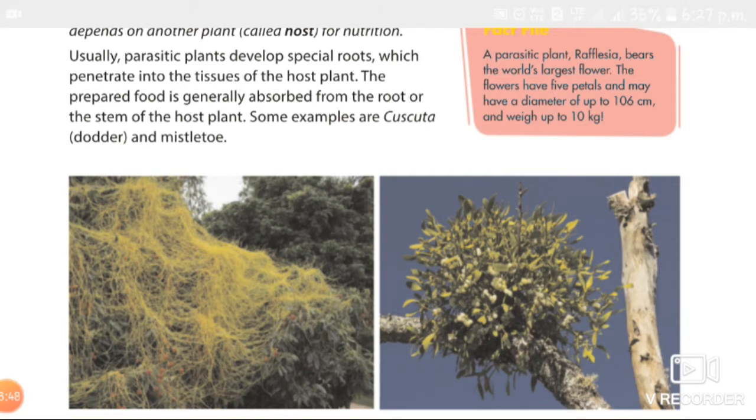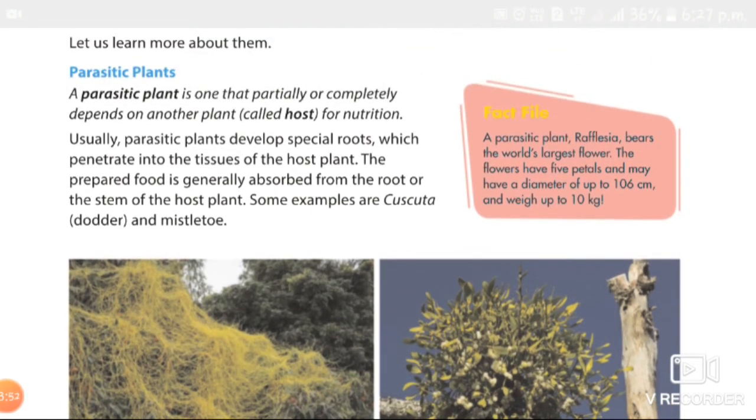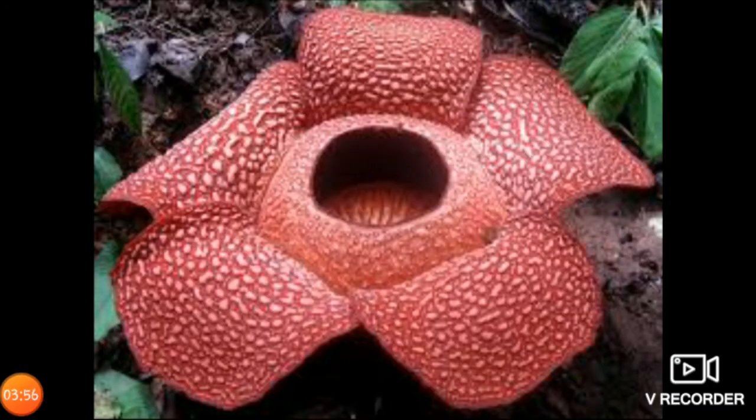Understand that? And we studied the example Rafflesia. This flower is Rafflesia. You know that this flower is the world's largest flower, and also this flower has 5 petals. This plant does not have any leaves and no roots.